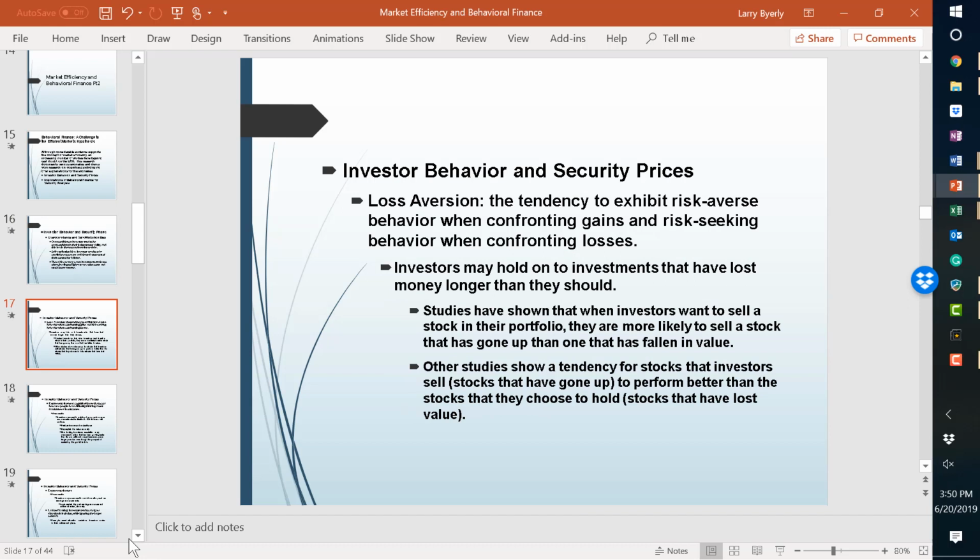Loss aversion is the tendency to exhibit risk-averse behavior when you're looking at gains, but risk-seeking behavior when you're confronting losses. In other words, investors might hold on to investments that have lost money longer than they should.